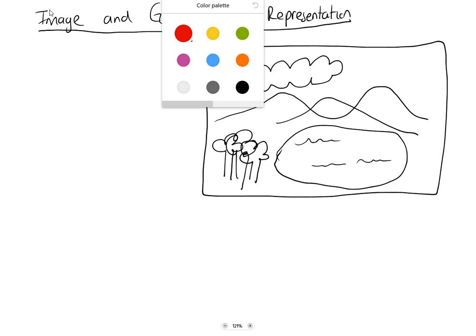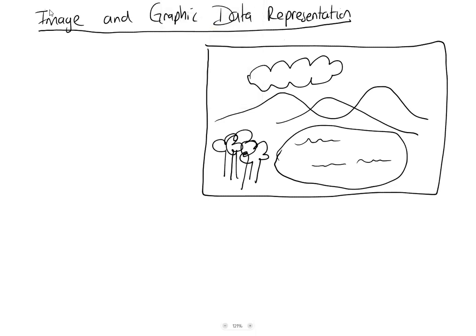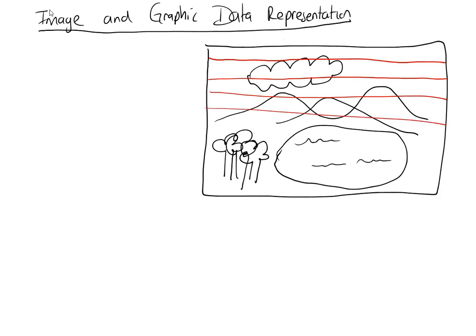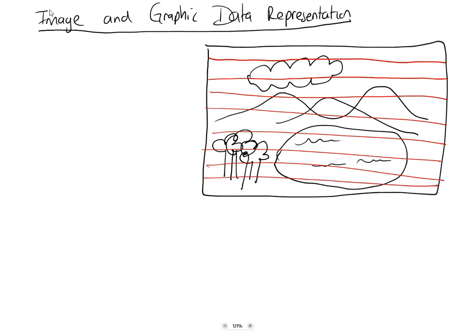I've got a different color pen to show you something else. So if I draw lines going this way, I'm separating the picture into different rows, and now I'm completing the grid by separating the picture into different columns. So these are very broad lines that I'm drawing.